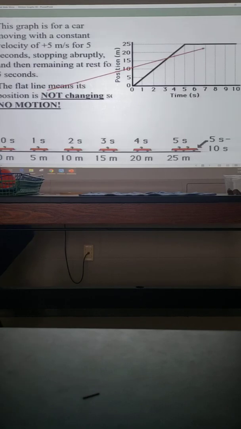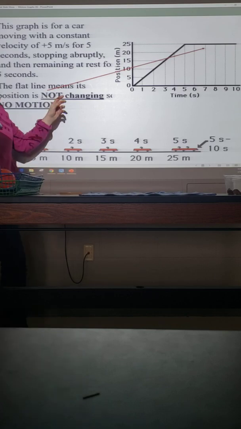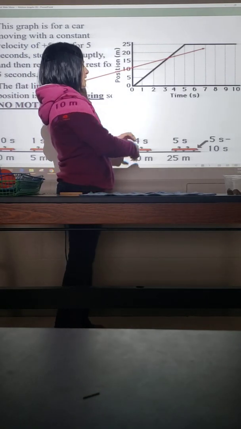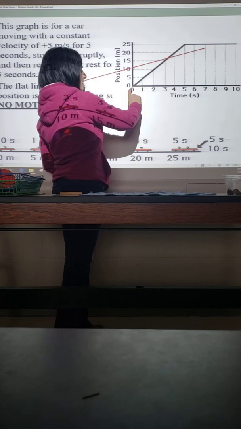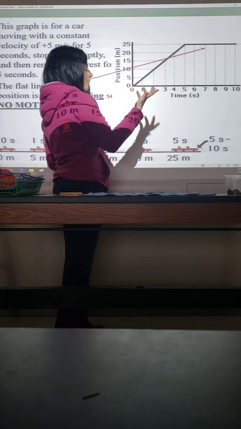So here's the way they describe it on slide number 23. It says, this graph is showing a constant velocity for the first 5 seconds, and they actually calculated that. You can find the slope, and so they found the slope between 0 and 5 meters, and 0 and 1 second is 5/1.